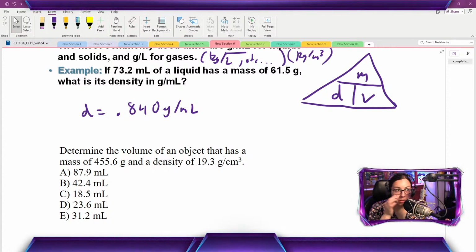Post your answer, A, B, C, D, E, if you have it. And so let's go over how to do it.